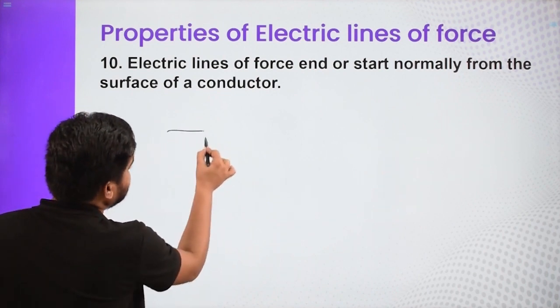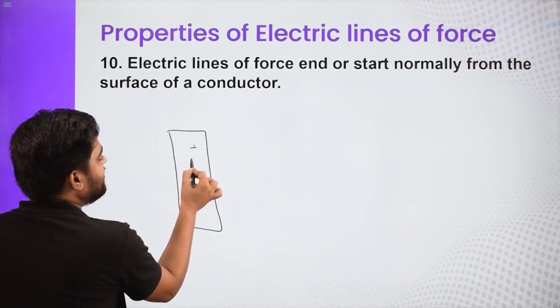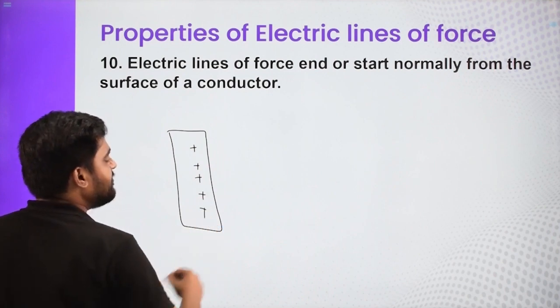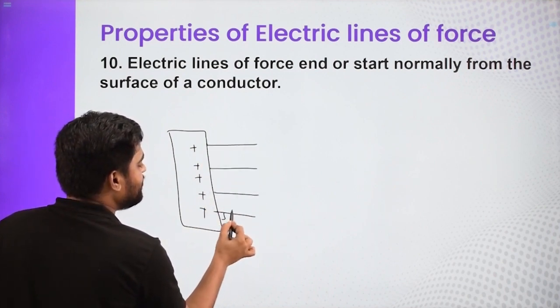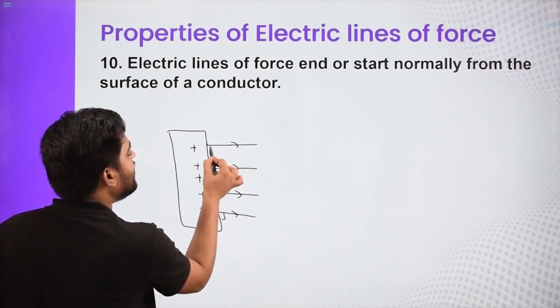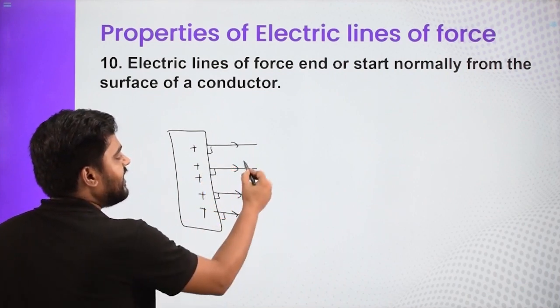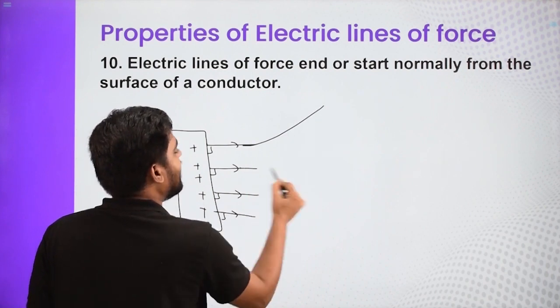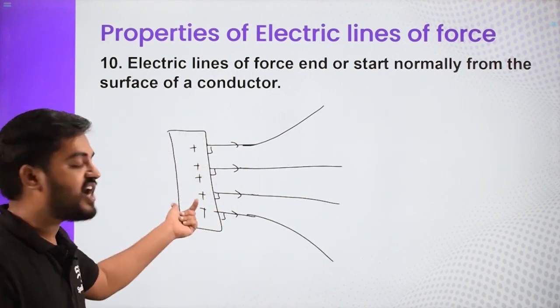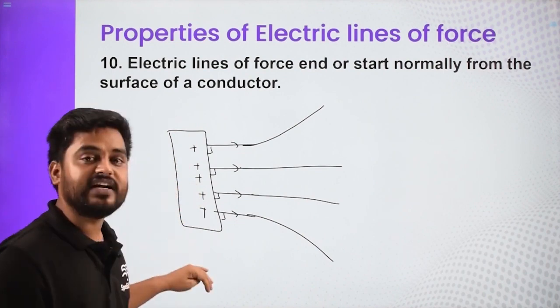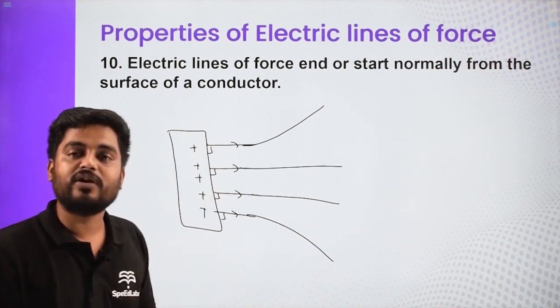Next, electric lines of force normally start or end on the surface of a conductor. If we have a conductor surface that is positively charged, then field lines go out, and they have to be perpendicular to the surface. After that they can go in any random direction, but when they start from the positively charged surface of a conductor, they start perpendicularly.